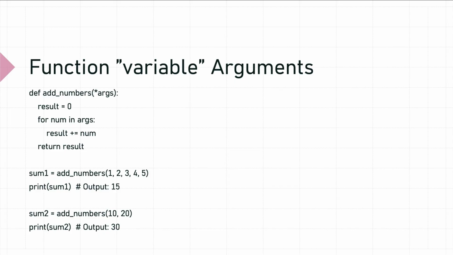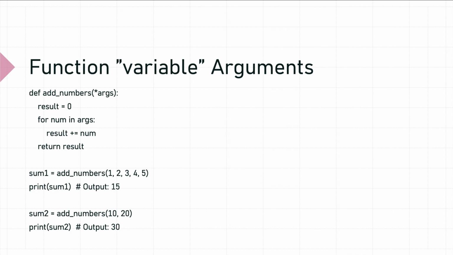And so in my first function call, I call the add_numbers function, and it passes 5 arguments, which are the integers 1 through 5. So this function call demonstrates that this function can accept 5 arguments. Then I have another function call, but this time I only pass 2 arguments, and the numbers are 10 and 20. So now the add_numbers function will still work because I'm using the *args notation.